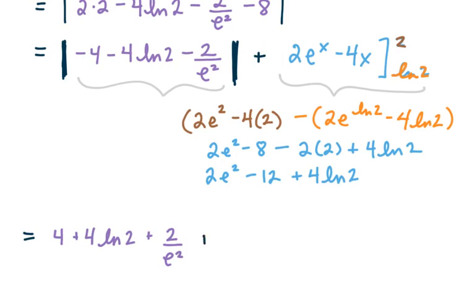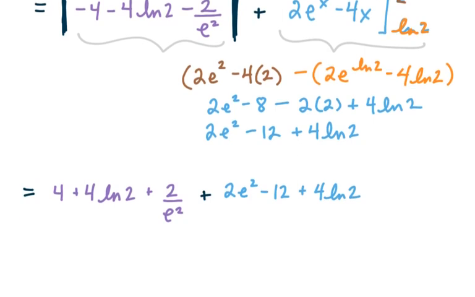And I need to add to that my other region, which is 2e squared minus 12 plus 4 natural log of 2. And I mean, you can simplify this a little bit if you'd like. Let's see, the 4 and the minus 12 would give me negative 8, and 4 ln 2 plus 4 ln 2 would be 8 ln 2.